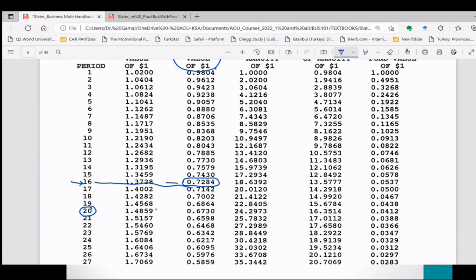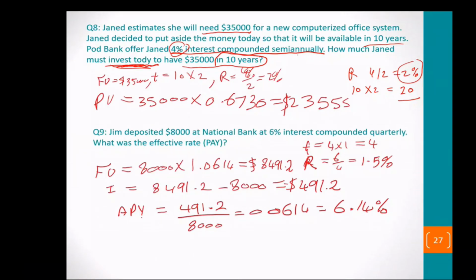So the present value factor is 0.6730. 0.6730 times 35,000, so the answer is 23,555.